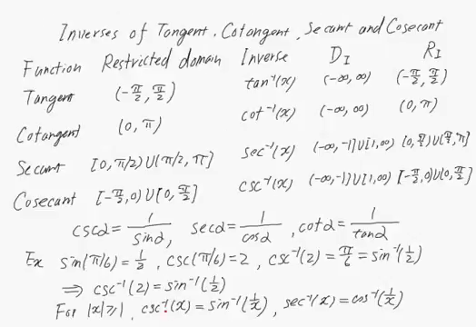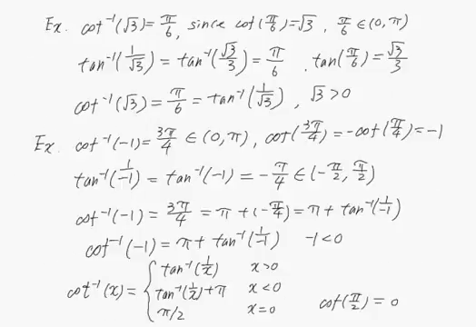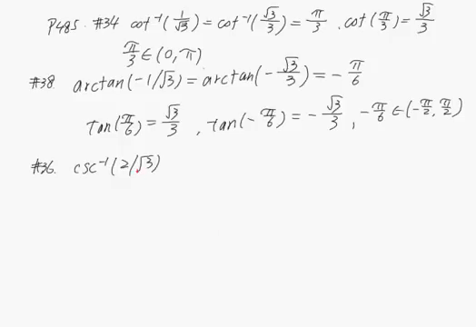You have the inverse cosecant x equal to the inverse sine of 1 over x when the absolute value of x is greater than or equal to 1. Right? So right now, this is really greater than or equal to 1. So this is equal to inverse sine of root of 3 over 2.